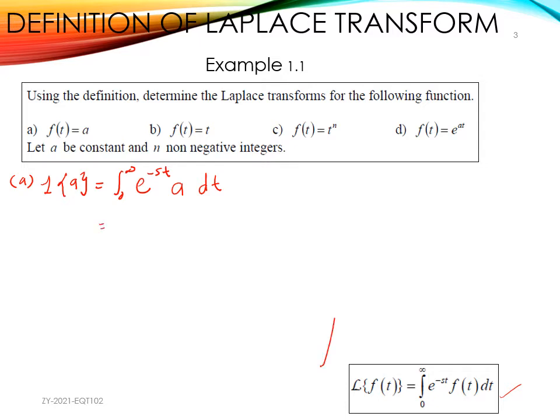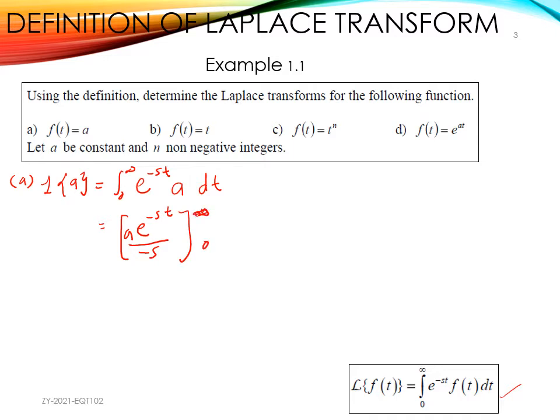It will just be negative a e to the negative st, divided by the negative s, the constant in the power of the exponent, from 0 to infinity.